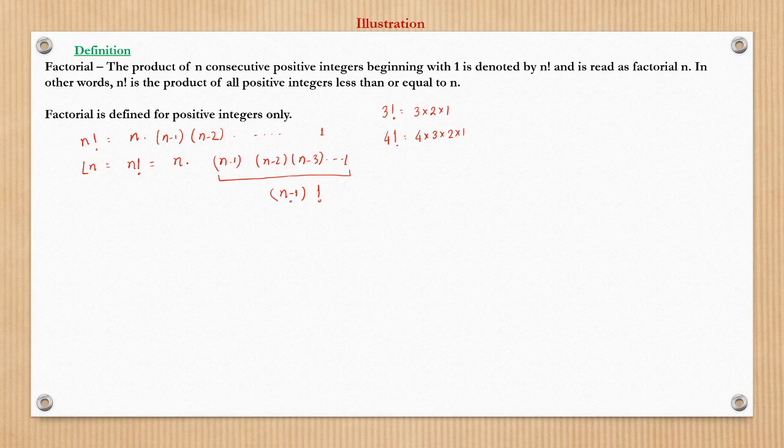N minus 1 factorial will be the product of all the natural numbers which are less than or equal to n minus 1. So n minus 1 into n minus 2, then n minus 3, and so on till 1. So basically this shows that we can write n factorial as nothing but n into n minus 1 factorial.